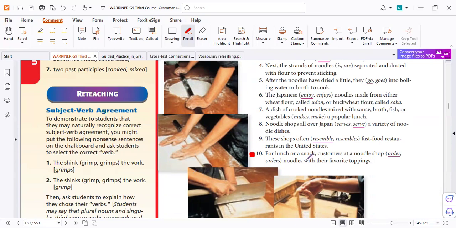Here, for snack, no. As I told you, customers is wrong. Well, this is a preposition phrase, so we delete it. Preposition phrase, we delete it. Preposition phrase, we delete it. Now what is left? Customers order noodles. Customers subject, order verb, noodles object.